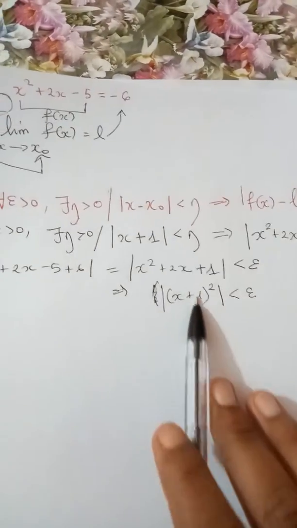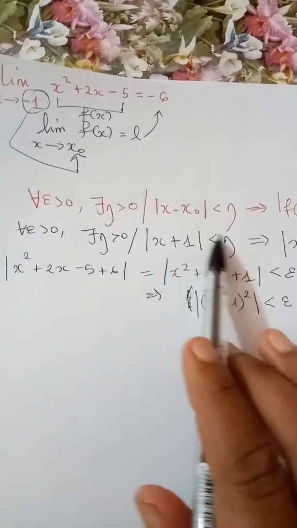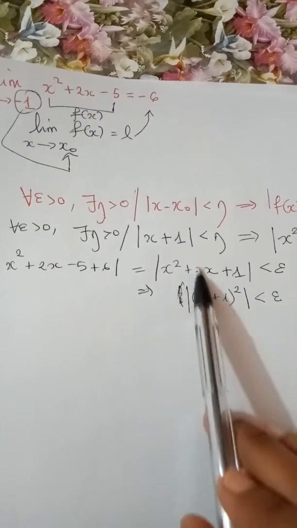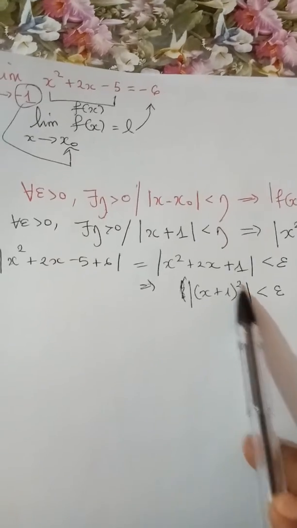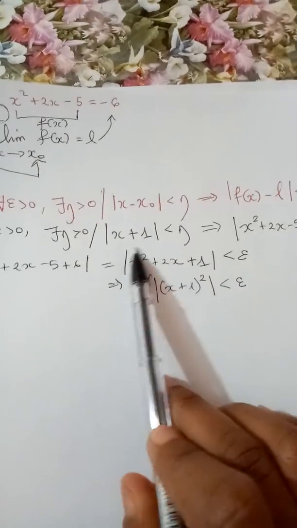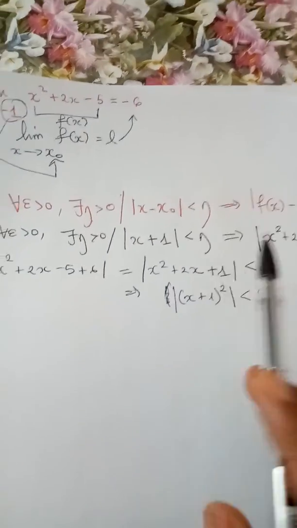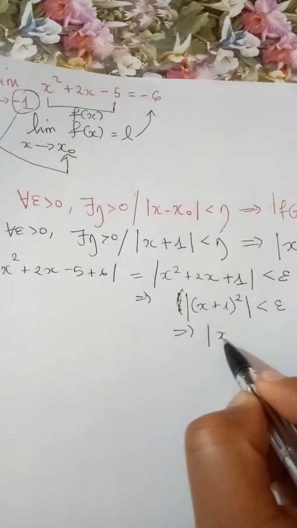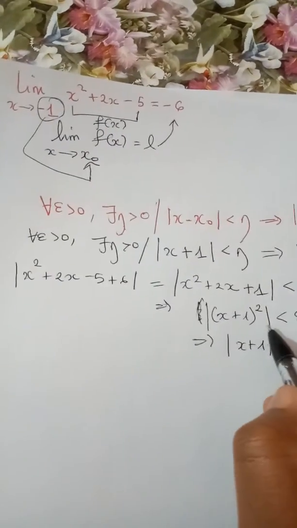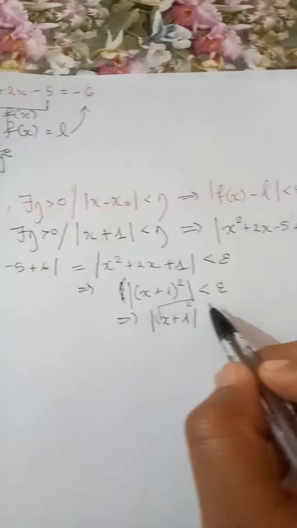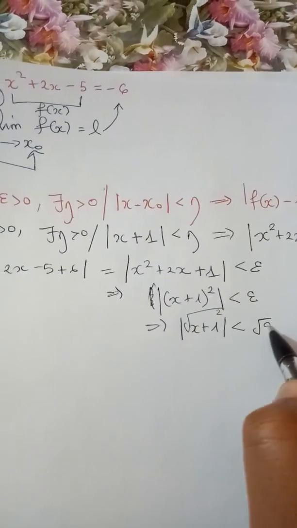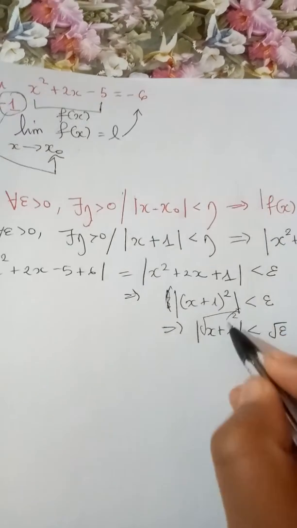Remember I said we need this absolute value because we need our answer to be in this form. As we already have x plus 1, we're meant to have this. We don't have x plus 1 raised to the power of 2, but we have x plus 1, so we have to change this to |x plus 1| in absolute value. So this is the same thing as saying |x plus 1|. If I take the square root of both sides so that I can remove this square, this will go.